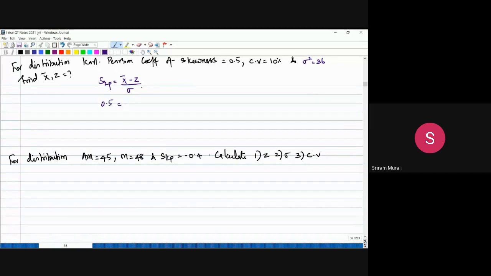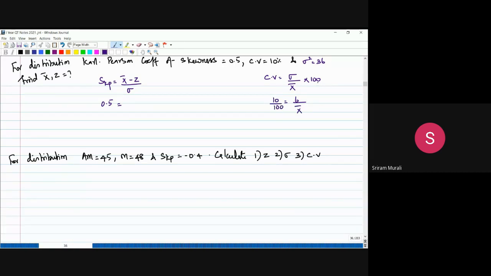X bar is to be found. So we are given CV. CV formula is SD by AM into 100. SD is given: sigma square is 36, so 6 square is 36, SD is 6. 6 divided by x bar is 10%, I mean 10 by 100.